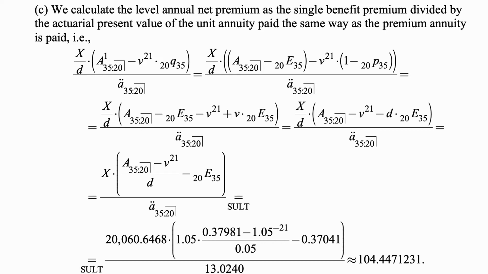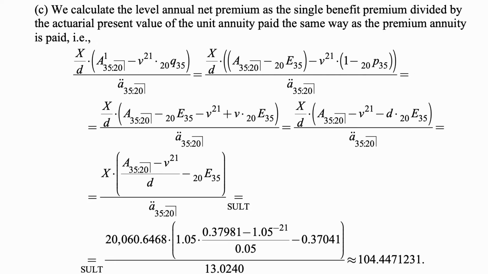Then this term insurance can be written as A 35 colon angle 20 minus 20 E35, and then 20Q35 can be written as 1 minus 20 P35. Of course, V to the 20th times 20 P35 is equal to 20 E35.